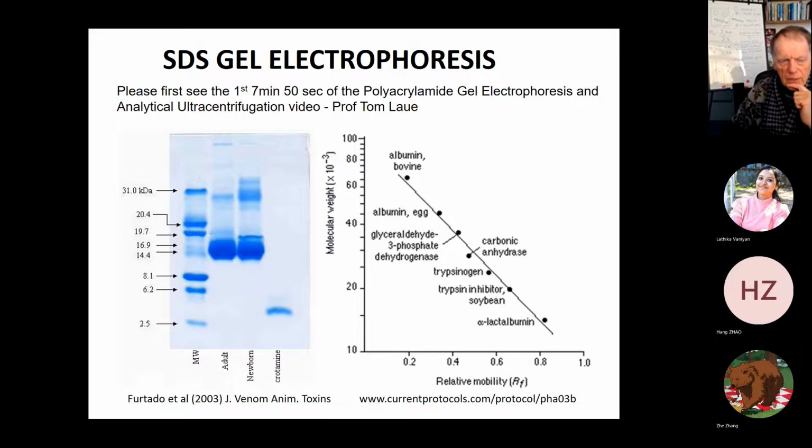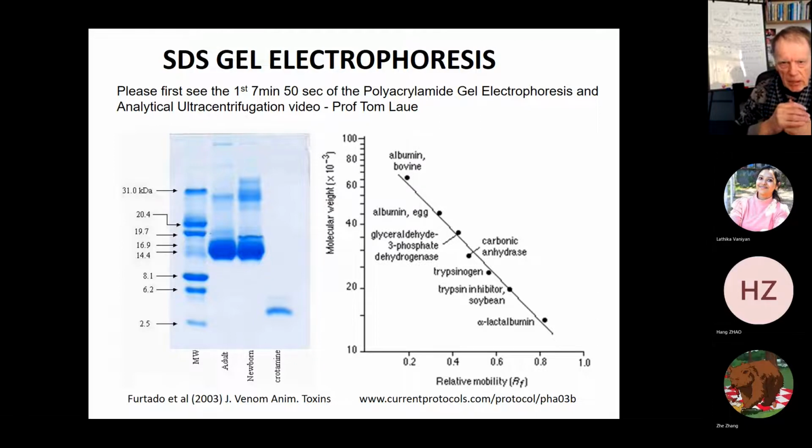But you're required to know about a technique which is known as a relative molecular weight technique. That is, it gives the molecular weight of a macromolecule relative to standards.